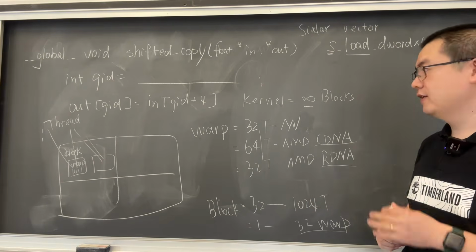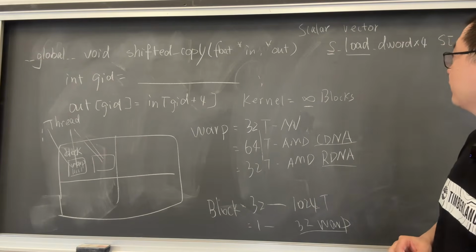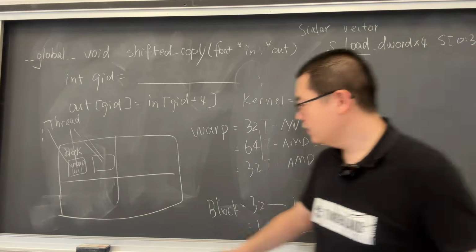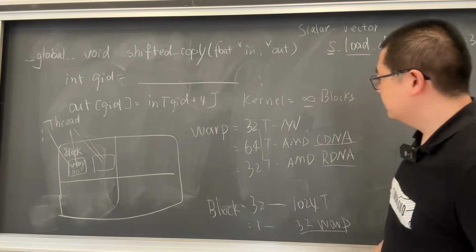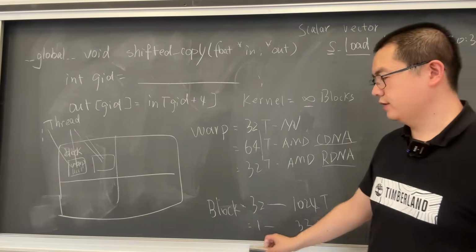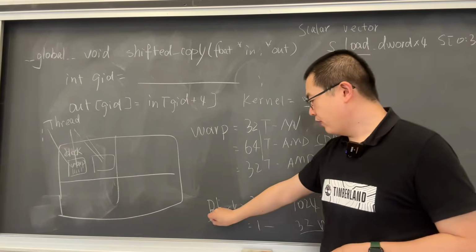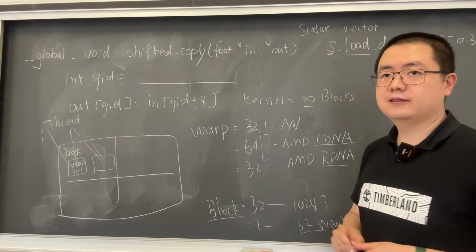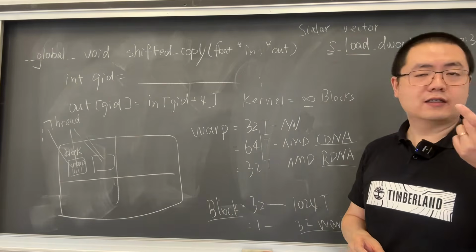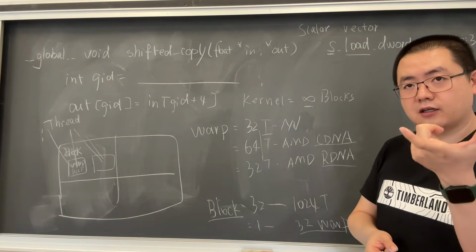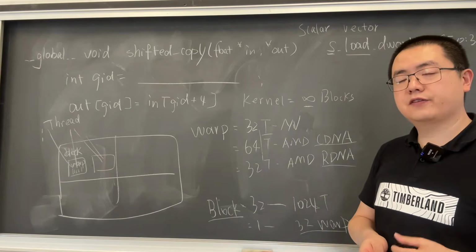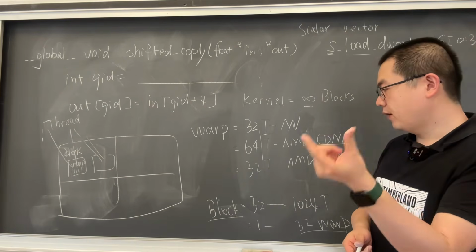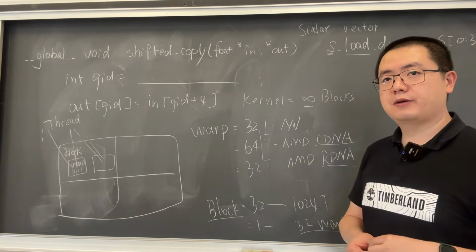So there are different ways to run them. Then, why is warp so important here? When we program, we only program blocks and threads, right? We only know the two numbers we give: the kernel size in terms of number of blocks, and the block size in terms of number of threads.